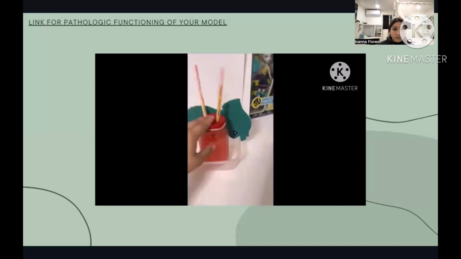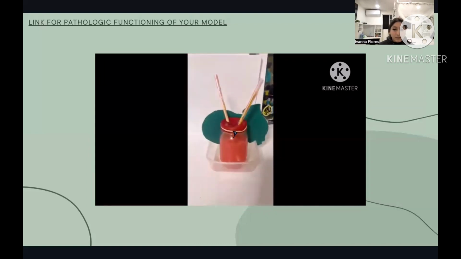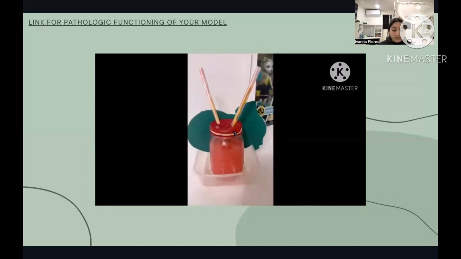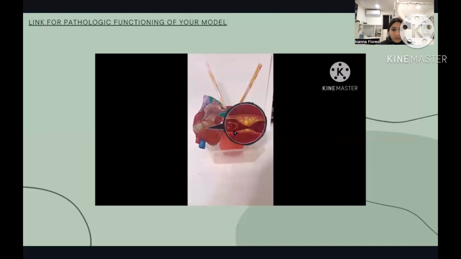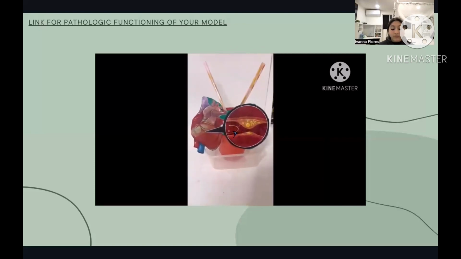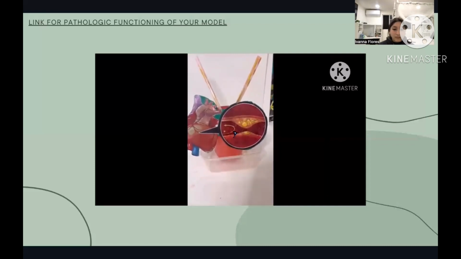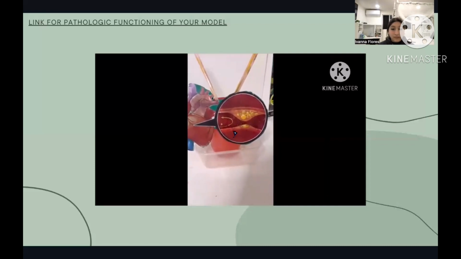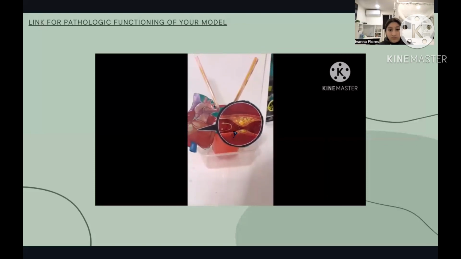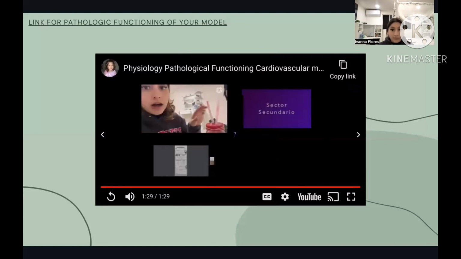It was easier in the other one, the clear one, than this one. So I put this image showing what I just explained. The heart, the coronary arteries, cholesterol builds up, and it does not let blood flow correctly.